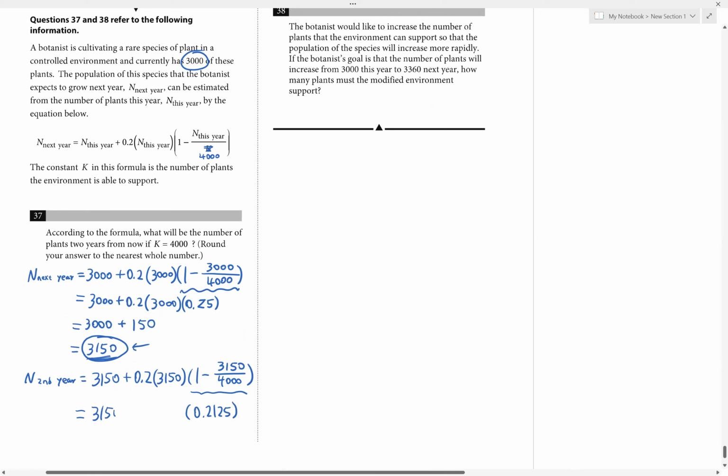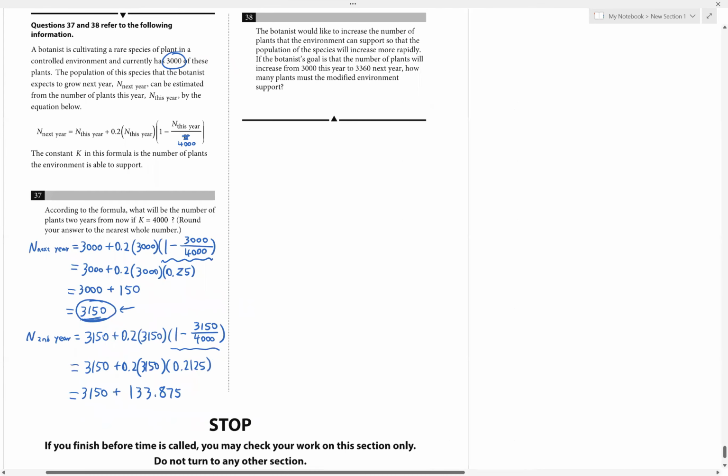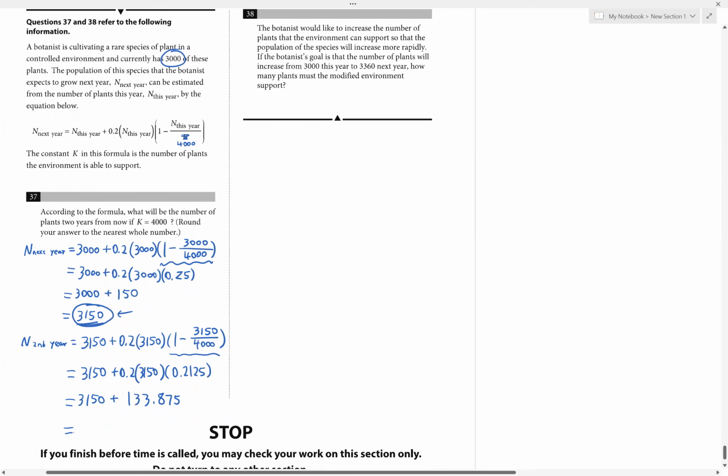Then let me bring up the other numbers. We do 3,150 plus 0.2 times 3,150 times 0.2125. We got 133.875, and we're just going to add them together. 3,150 plus 133.875, we get 3,283.875.